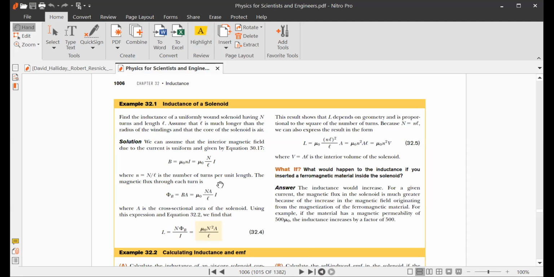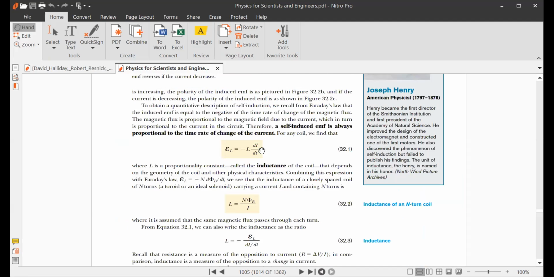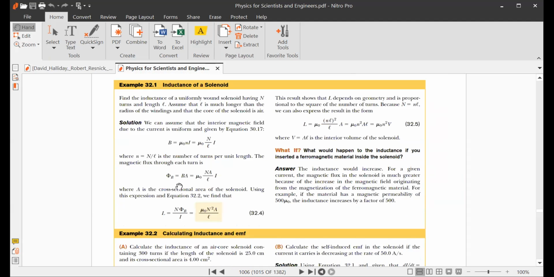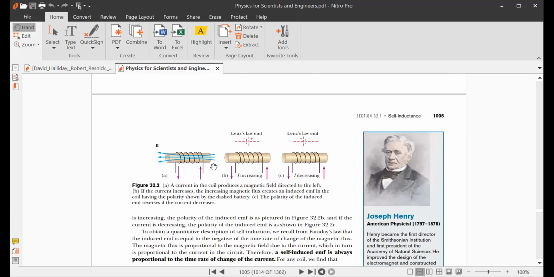If you substitute this flux into 32.2, then we get L equals mu 0 N squared A over L. This mu 0 means that inside the solenoid, there is no additional material.